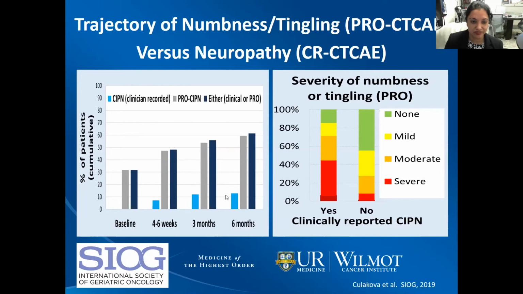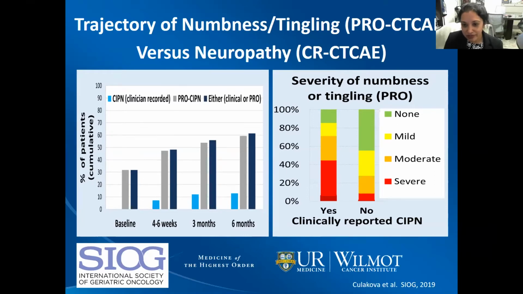So a big discrepancy for older adults between what patients report for neuropathy and what clinicians report. And when we look at this right-sided bar graph, what we can see is that what clinicians report are the cases with the most severe symptoms, so patients who are reporting very severe neuropathy on the PRO-CTCAE.